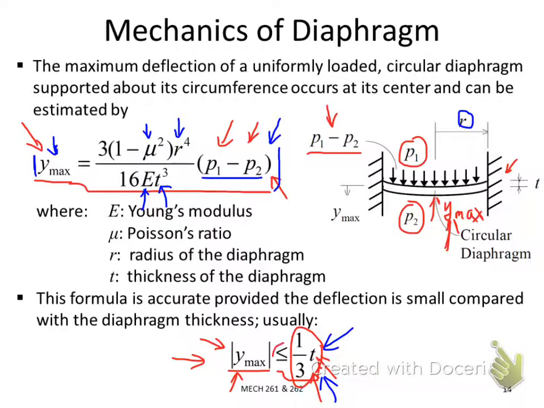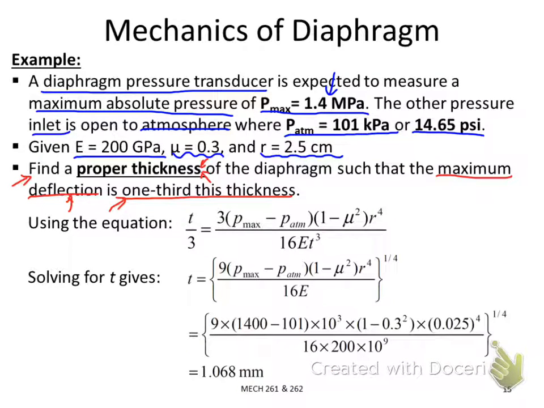If we make it equal, this will be the critical condition, right? That's why we make y maximum equal to 1/3 of t, and this is the y maximum formula.